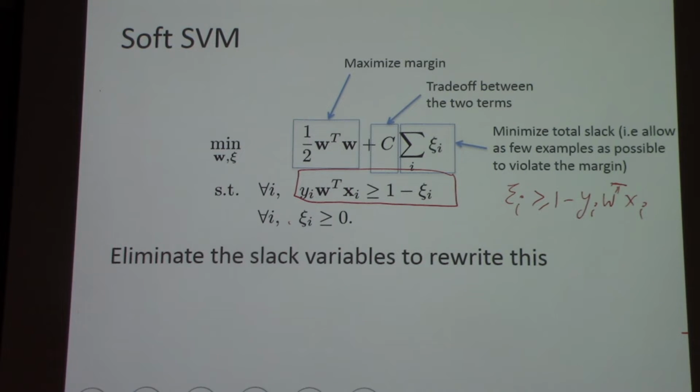So now we have two greater-than constraints on the slack. The slack should be greater than 0 and it should be greater than 1 minus y w transpose x. Right? Combining these two together, we get that the slack should be greater than the max of those two things.